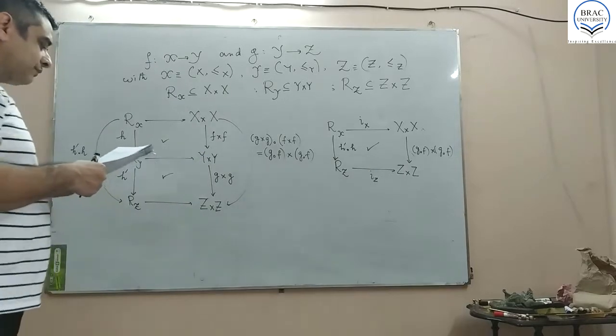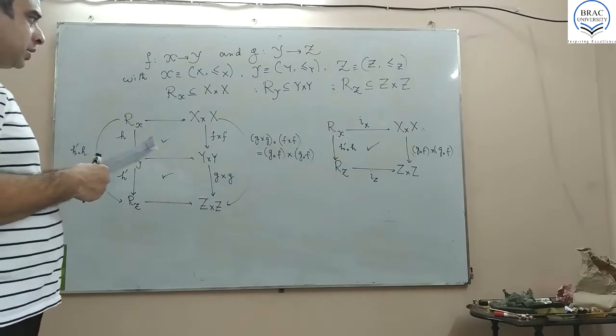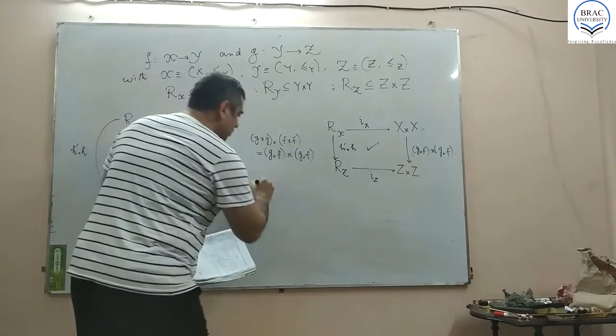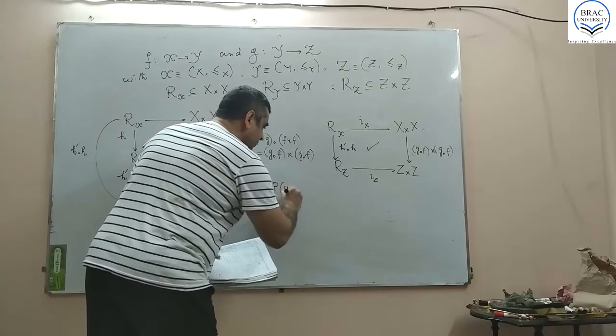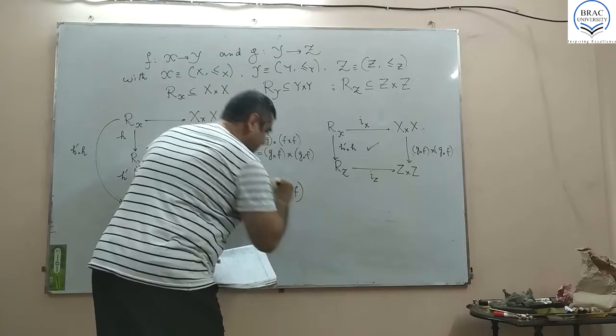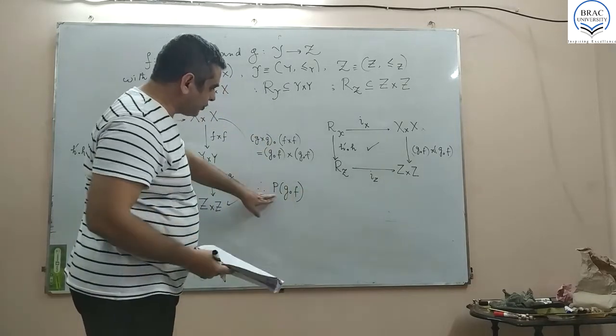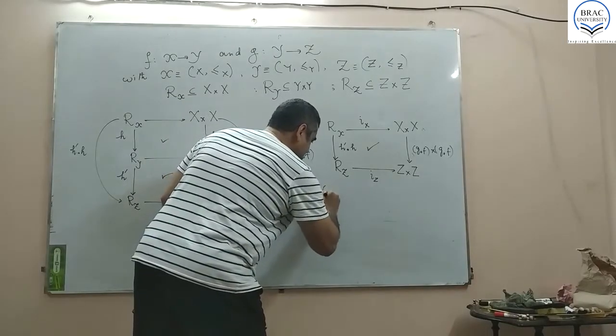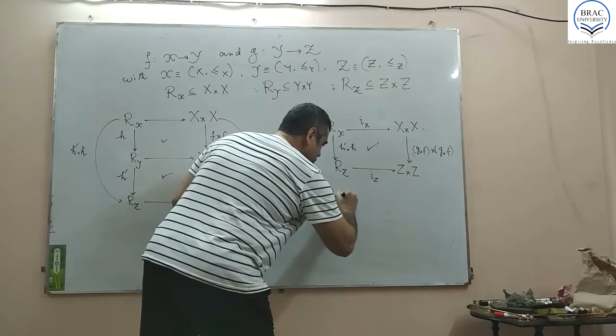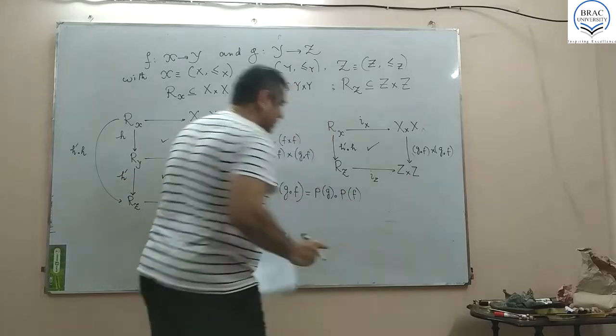So what have we seen? We have seen that the composition is preserved under this functor. So we have seen PG composed with PF.